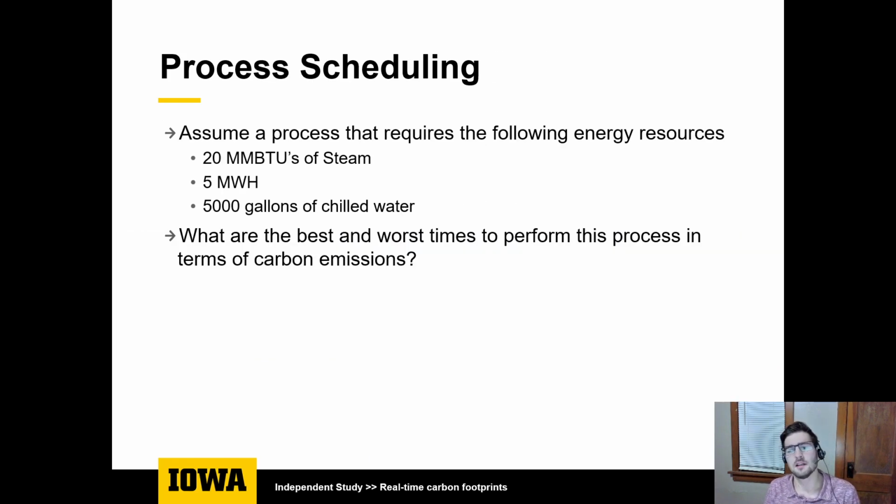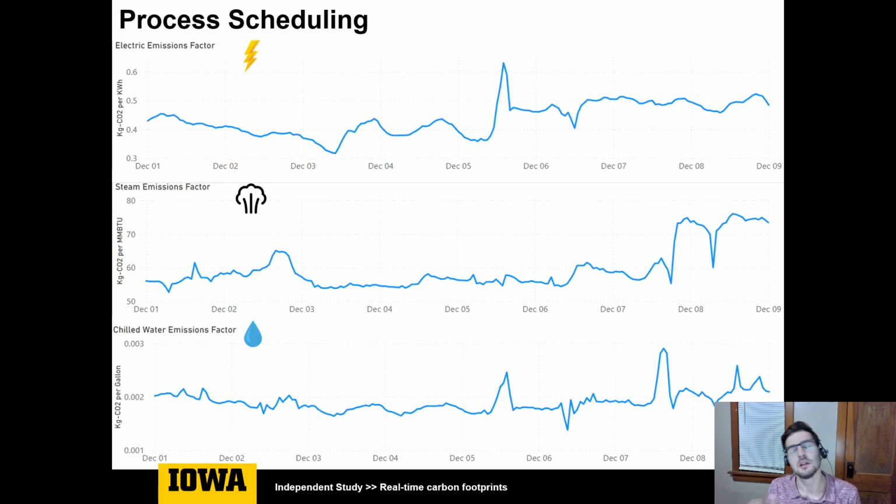Okay, so let's see a numerical example of this load shifting, just to see kind of how the numbers play out. So imagine we have a process that requires 20 MMBTUs of steam, 5 megawatt hours, and 5,000 gallons of chilled water. And these numbers are completely arbitrary, but it'll give you an idea of how our carbon impact changes based on when we use these resources.